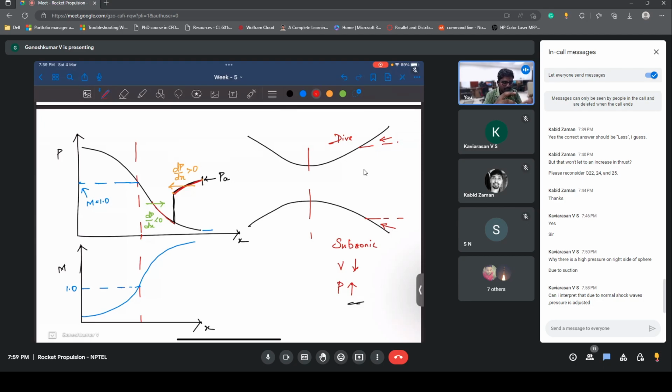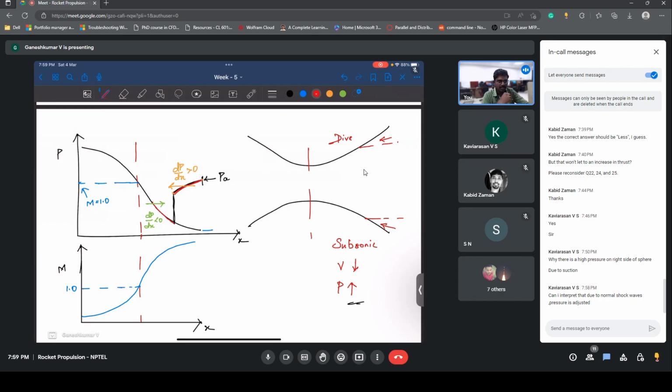Pressure and sound are the same. The pressure disturbance is what we call sound. That's why the speed of sound comes into the picture when we deal with nozzles. So when we are accelerated to high speeds, you won't receive the pressure disturbance from downstream.